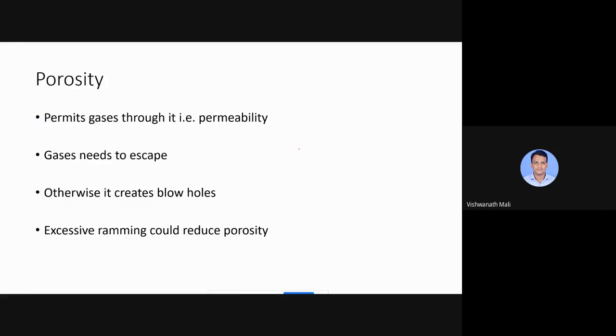The first is the porosity. So what is the porosity? We have the flask and we have prepared the mold. Now we are pouring the molten metal into this. While pouring, air will also get trapped. Some of the air will go out from this riser and some of this air may get trapped in this casting.